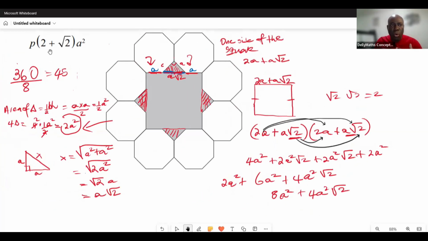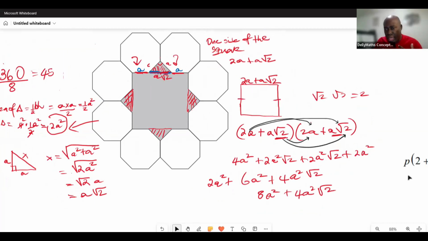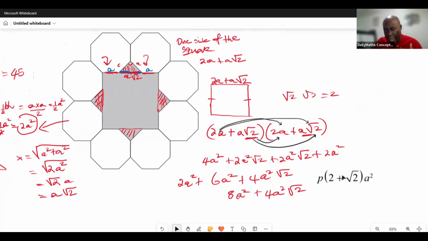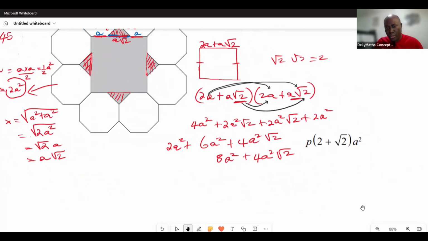But remember the form that they asked us to represent this in. We're supposed to show the area in this form right here. So basically, I'm going to factor out 4A squared. So let me factor that out. I'm going to take out 4A squared. When I divide it into this, I'm going to have 2. When I divide it into this, I'm going to have plus root 2.